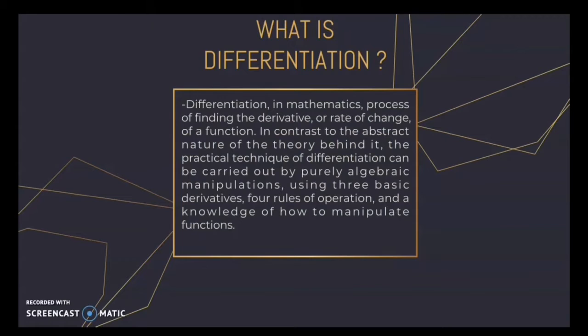What is differentiation? Differentiation in mathematics is the process of finding the derivative or rate of change of a function. In contrast to the abstract nature of the theory behind it, the practical technique of differentiation can be carried out by purely algebraic manipulation using three basic derivatives, four rules of operation, and a knowledge of how to manipulate functions.